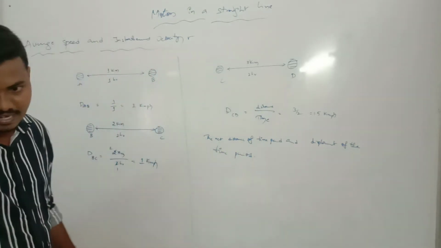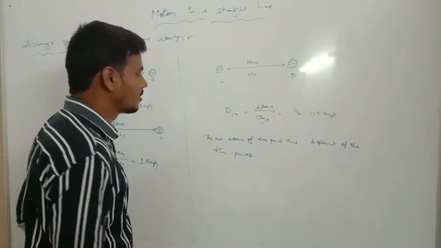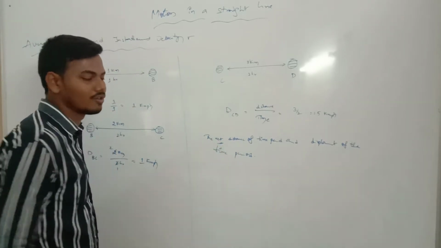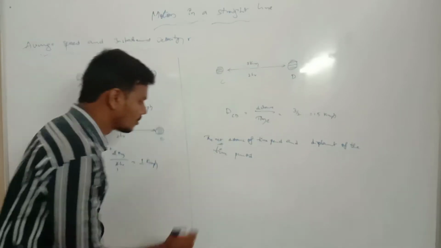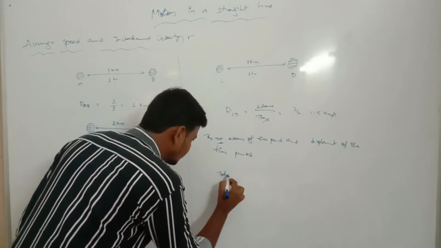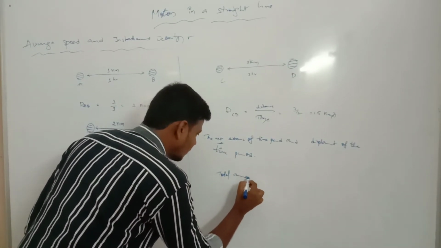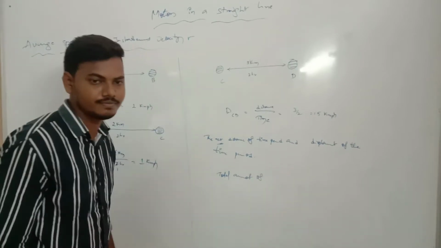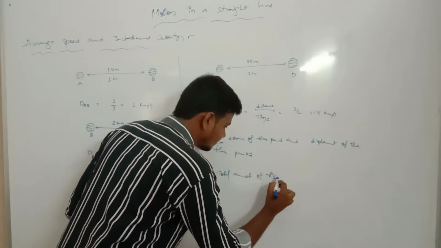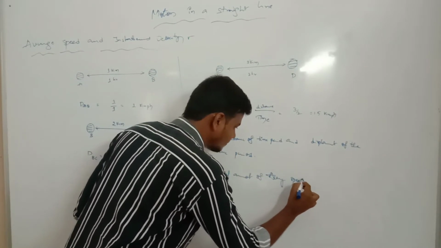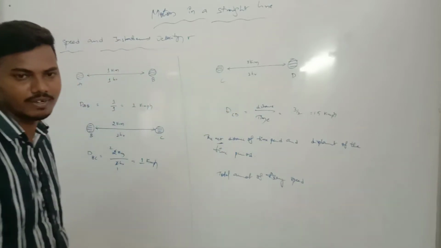We are going to the net, meaning the total amount of average speed. The total amount of average speed.